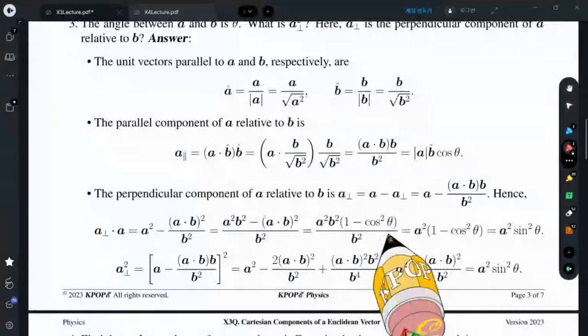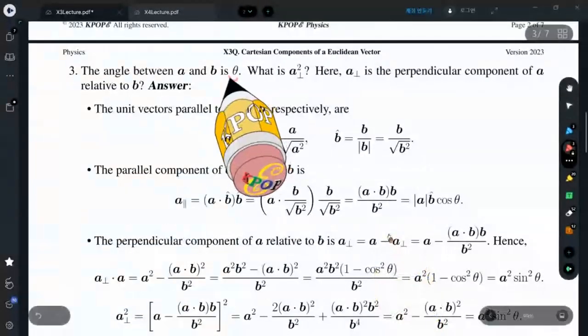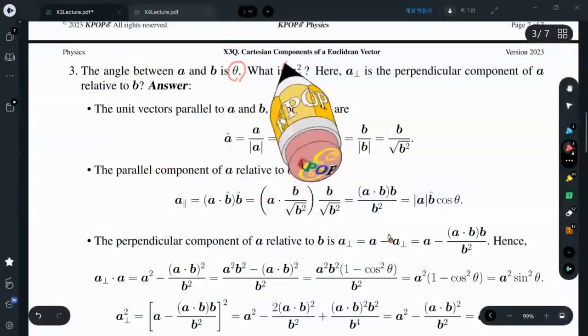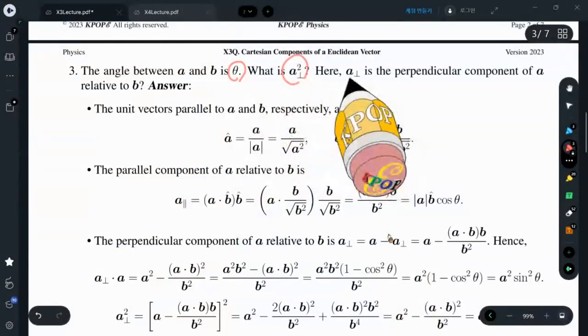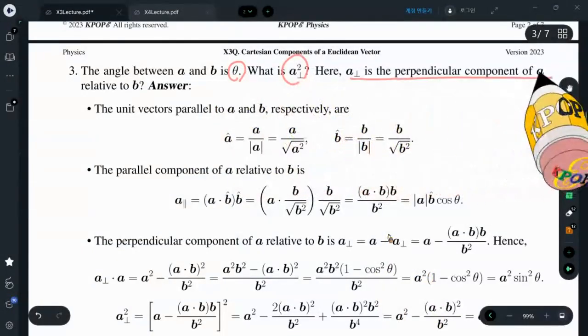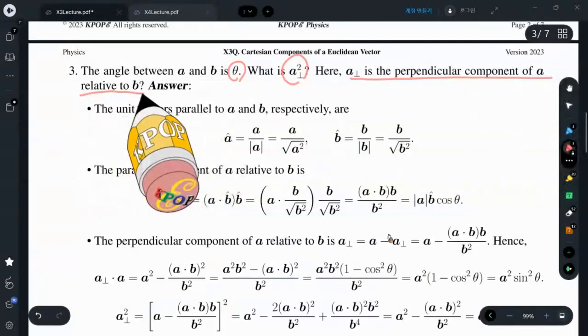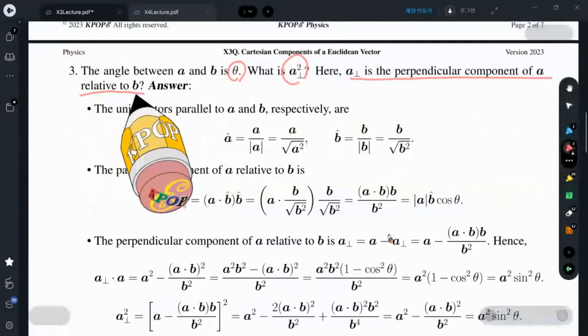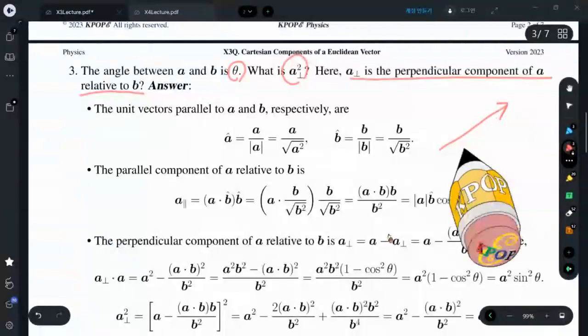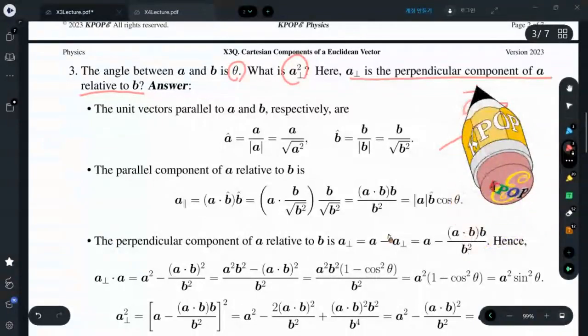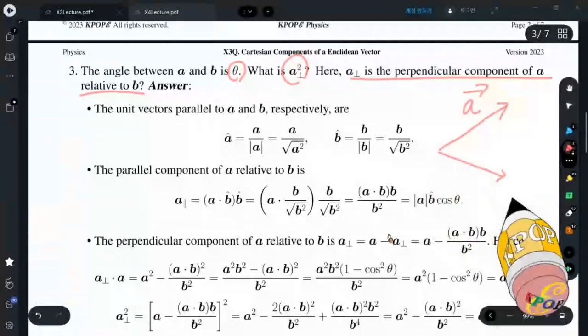Next, we consider the angle between A and B is theta. What is A perp? Where A perp is the perpendicular component of A relative to B. Okay, I have two vectors, A vector and B vector.